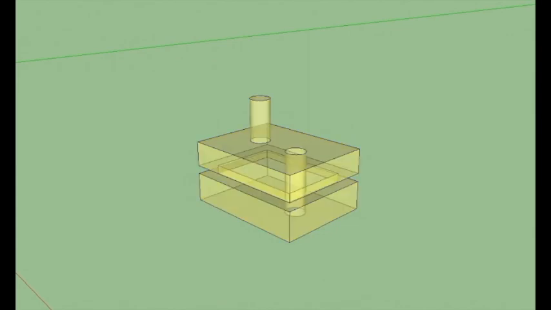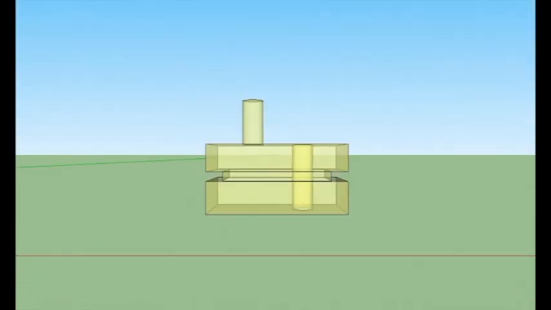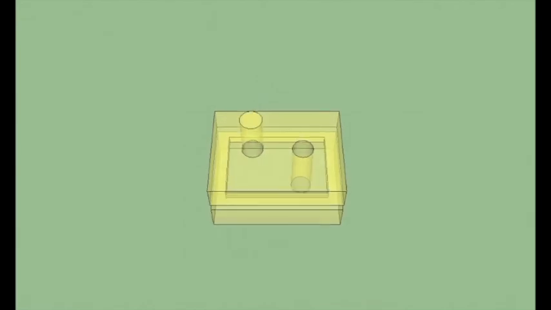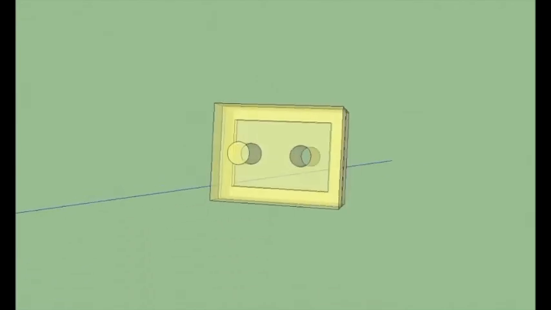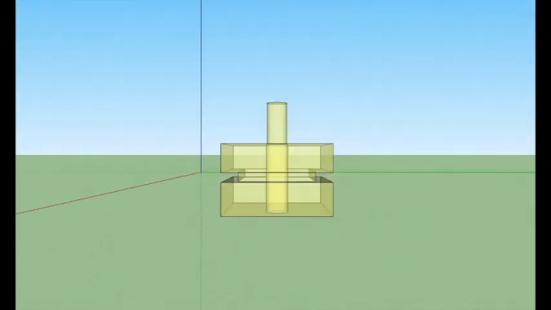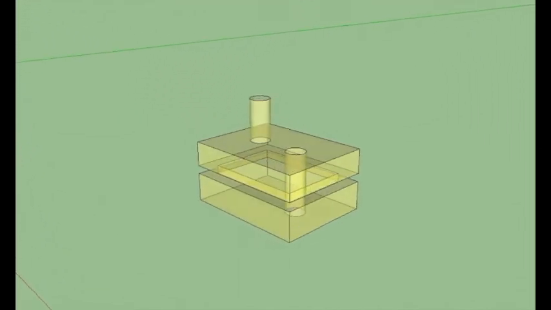Object number 4, see-through. Front view. Again, note the hole that goes all the way through the object. Top view. Right side view. Object number 4.